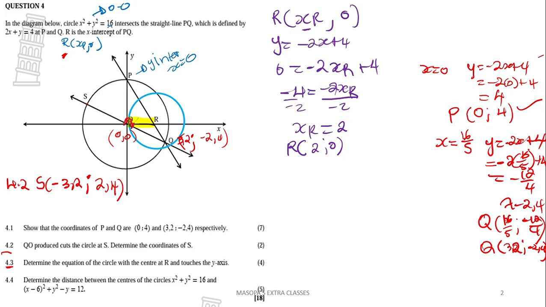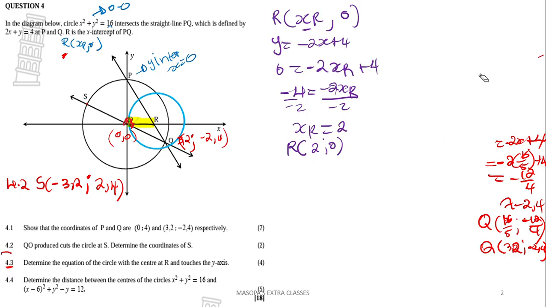What else is the question saying? It says that in 4.3 you must determine the equation of the circle with center R. Now, to determine the equation of the circle, you need the coordinate of the center and also the radius. To get the radius you can use the distance formula, because we have the coordinates of two points.